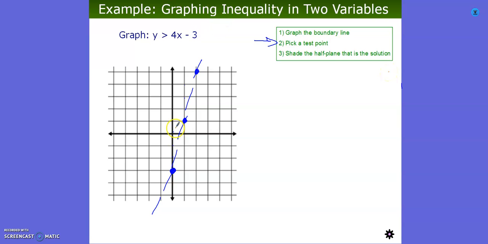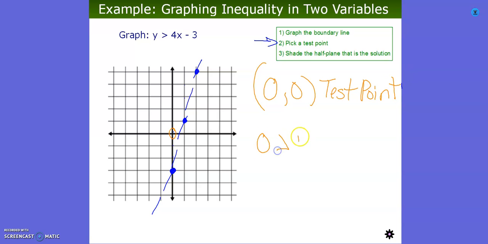So I'm going to go ahead and pick 0, 0 as my test point. It's right in there. I don't know yet if it's a solution until I plug it into my original inequality. So 0, 0 is my test point. And I'm going to plug it into my inequality and see if it gives me a true statement. 4 times 0 is 0.